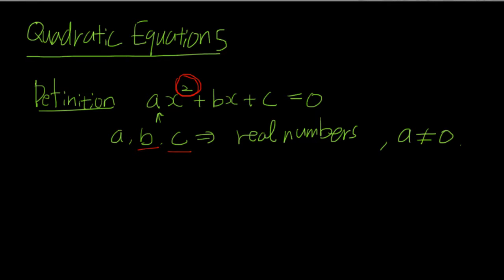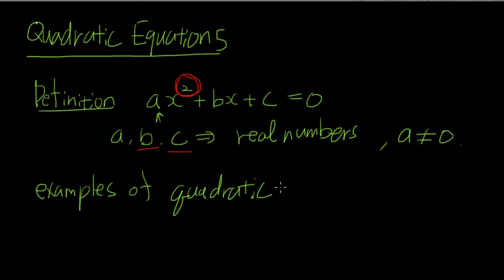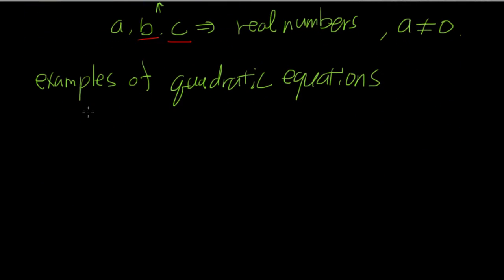So, a couple of examples that I give you. Examples of quadratic equation. I guess one of the typical ones could be like 2x squared plus 3x plus 5 equal 0.